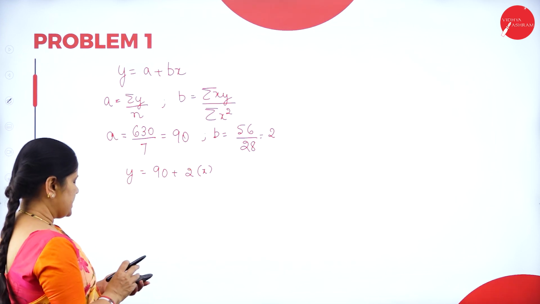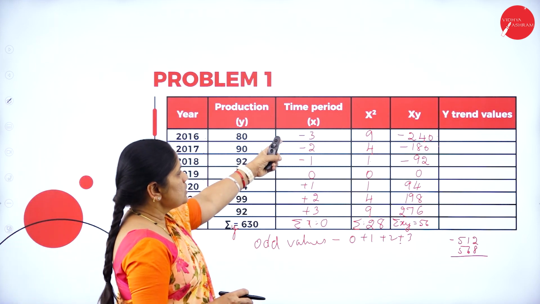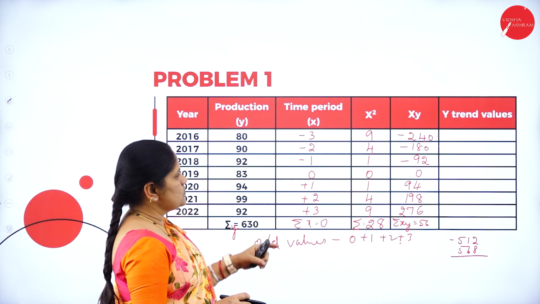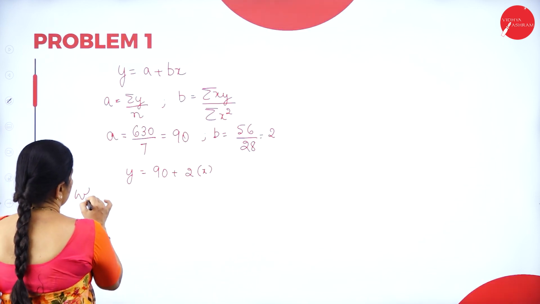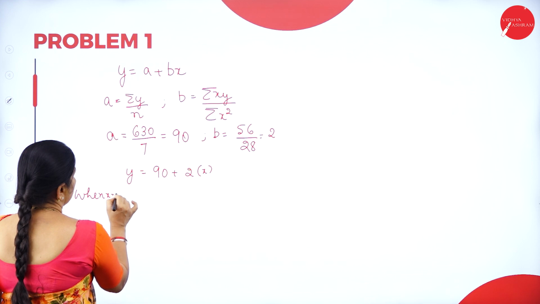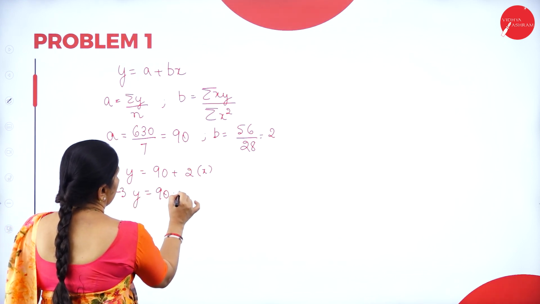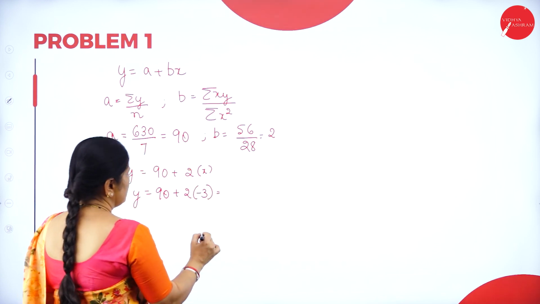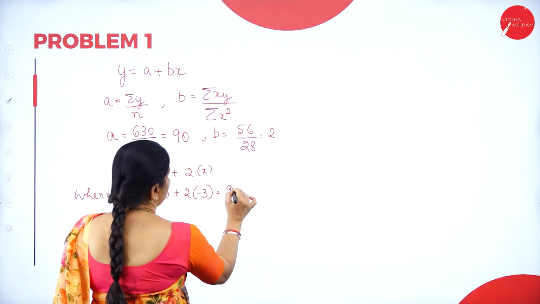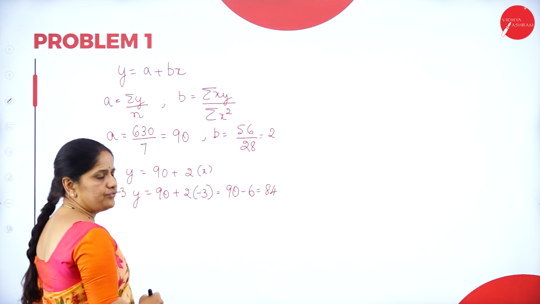Now the next step will be, we have to calculate the trend values. So -3, -2, -1. So when x is equal to -3, y will be equal to 90 plus 2 into -3. So that will be 90 minus 6, that is 84.